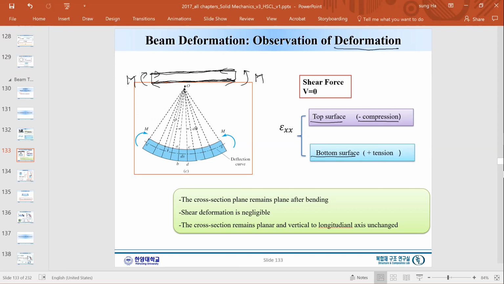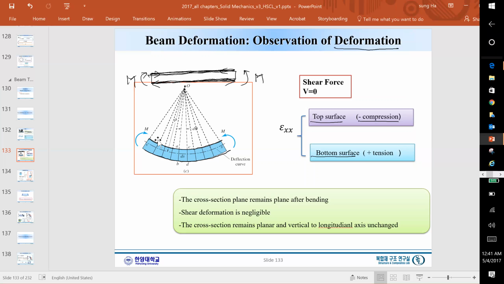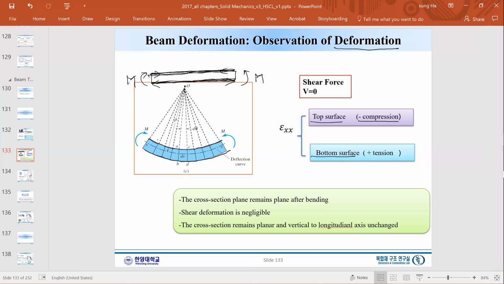As you can see here, this was the original length, and this one becomes shorter, and the bottom one is under tension, and under tension, this one gets longer. And from this, we can conclude that there is a certain line where the strain is zero.